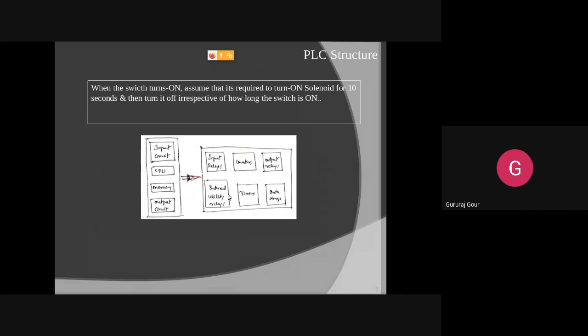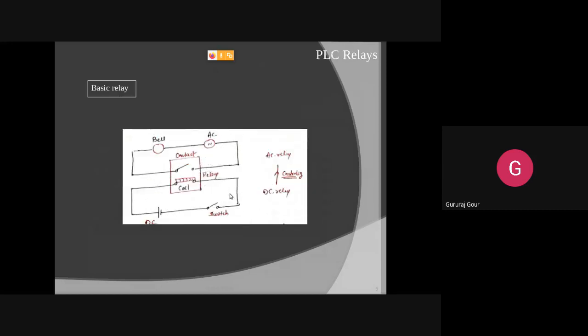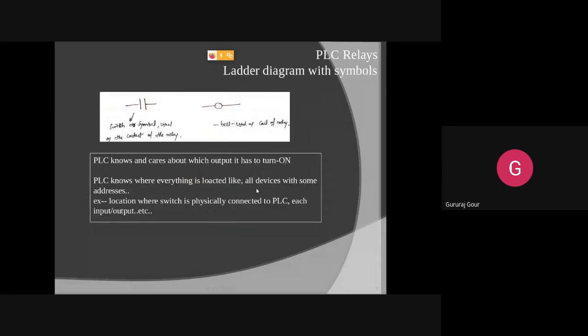Each one has its own dedicated address. With the help of that address, your PLC is able to recognize each of the things located adjacent to the PLC, for example the location where the switch is physically connected to the PLC. Each input and output it can also recognize.